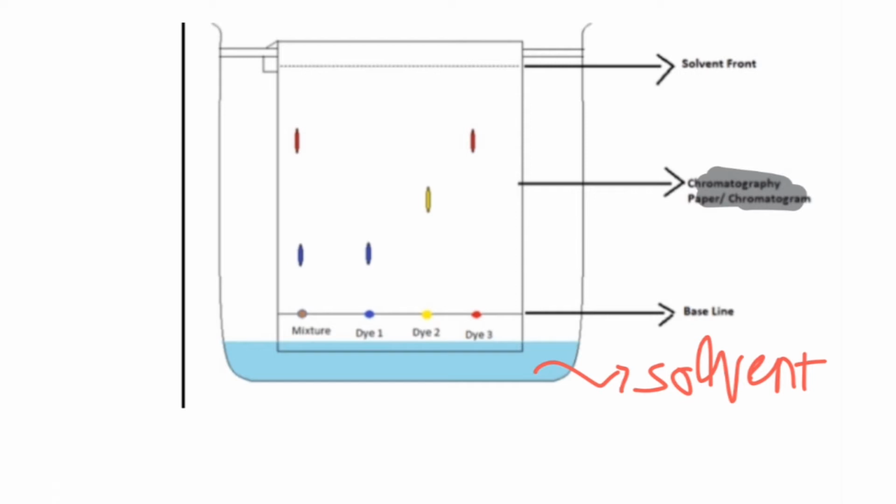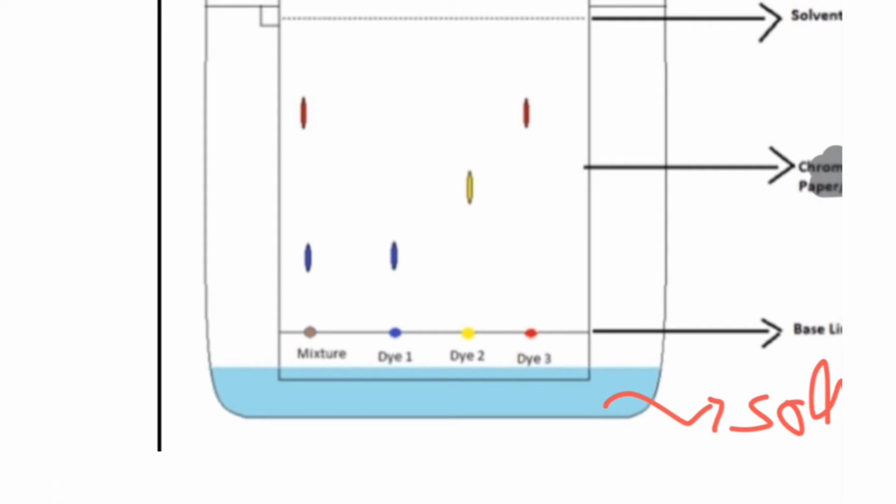Now we can see here that dye 3 is more soluble than dye 2, which is more soluble than dye 1, and if two substances have the same solubility, we say that they are the same thing. For example, over here dye 1 has moved a distance, and one component of that mixture has also moved the same distance, as you can see.